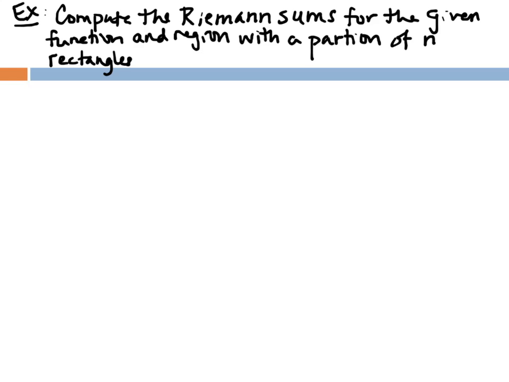And I'll explain what I mean by why that says rectangles instead of, say, rectangular prisms. Rectangles divided as indicated.